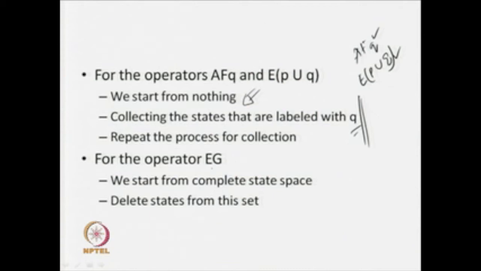But for the operator EG, that means there exists a path where globally something is true or not, say globally P is true or not, in this particular case our approach is like that. We are starting from the entire state space. We are initially thinking that in the entire state space this particular formula is true. After that, what will happen? We are trying to remove states from this state space by looking into the criteria whether EGP is true over there or not.